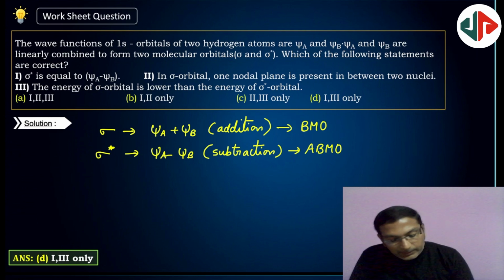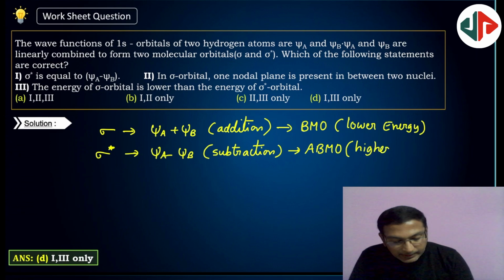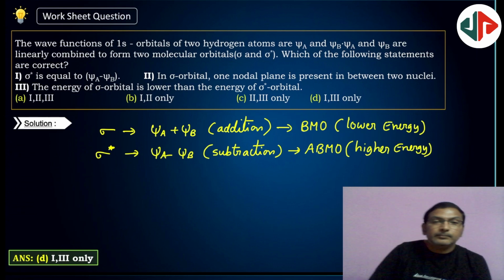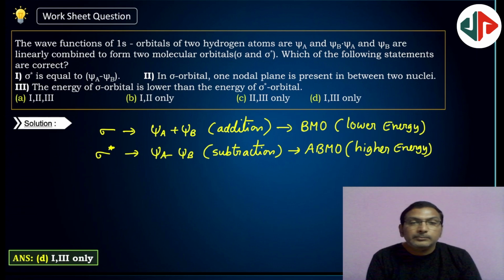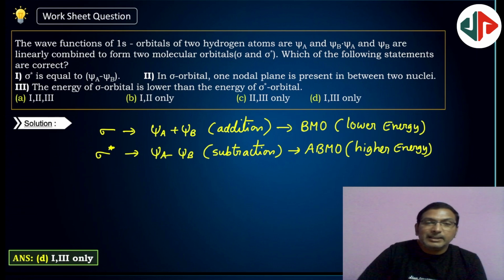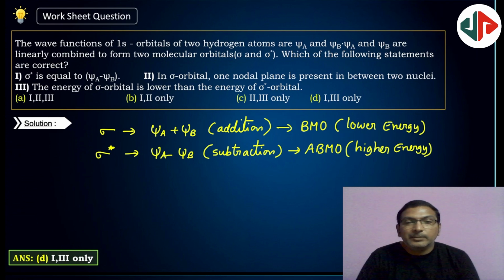So when compared to anti-bonding, bonding will be having lower energy, and this will be higher energy. Addition overlapping or constructive overlapping of atomic orbitals will give bonding molecular orbital. Destructive or subtractive overlapping of atomic orbitals will give anti-bonding molecular orbitals. So when compared to anti-bonding, bonding will be having lower amount of energy.